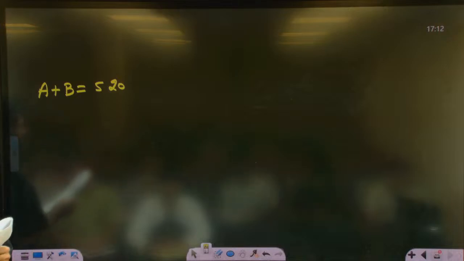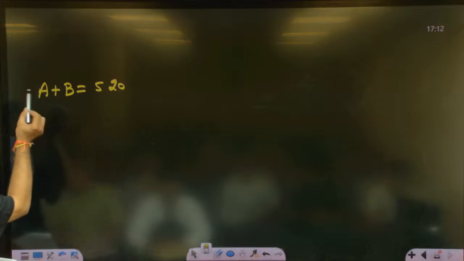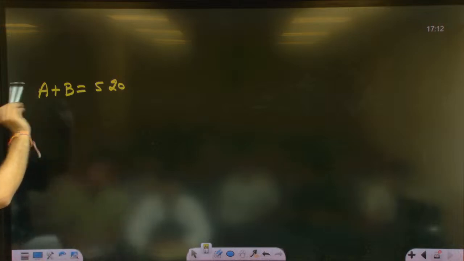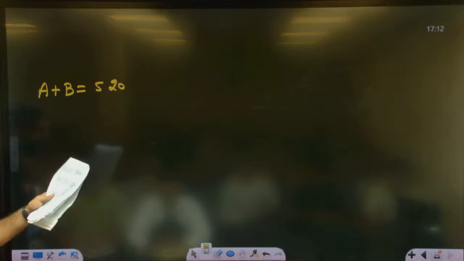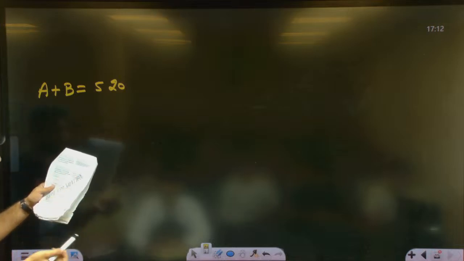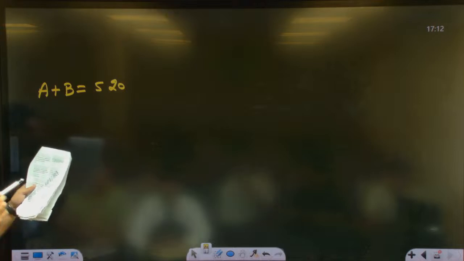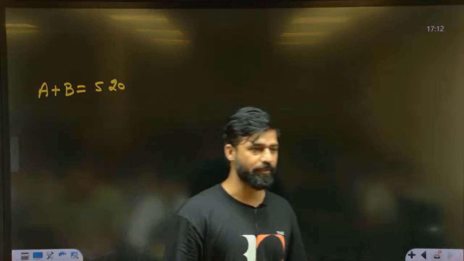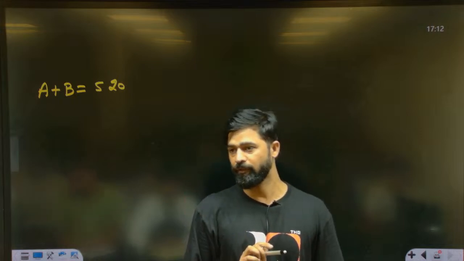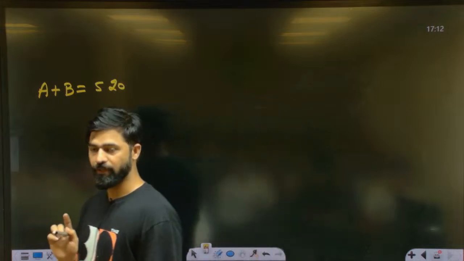Okay, let's read the other information. If the bigger number is decreased by 4%, from A and B you can take randomly any number. A is like the bigger number. So he is saying the bigger number is decreased by 4%, and you know it very well: any certain value will be 100% initially.